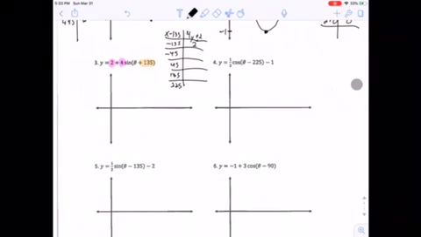Then 1 times 4 is 4, plus 2 is 6. 0 times 4 is 0, plus 2 is 2. Negative 1 times 4 is negative 4, plus 2 is negative 2. And then we go back up to 2. So we're going to extend this out again, just like we did before.